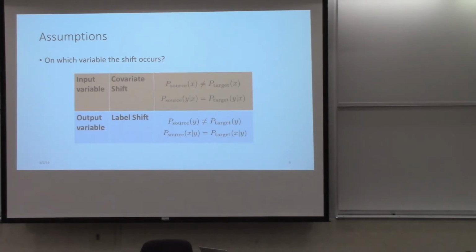But what you call a dog hasn't changed, as long as none of those dog breeds are mistaken for cat. If that remains the same, then it's still a dog. So P of Y given X is fixed.